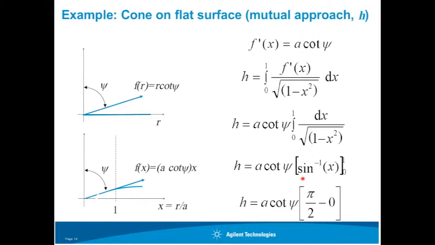So this is asking the sine of what angle gives you 1. So you would put the 1 here for x, and the sine of what angle is 1? Well, that's just pi over 2. Then the sine of what angle is 0, and that's just 0.